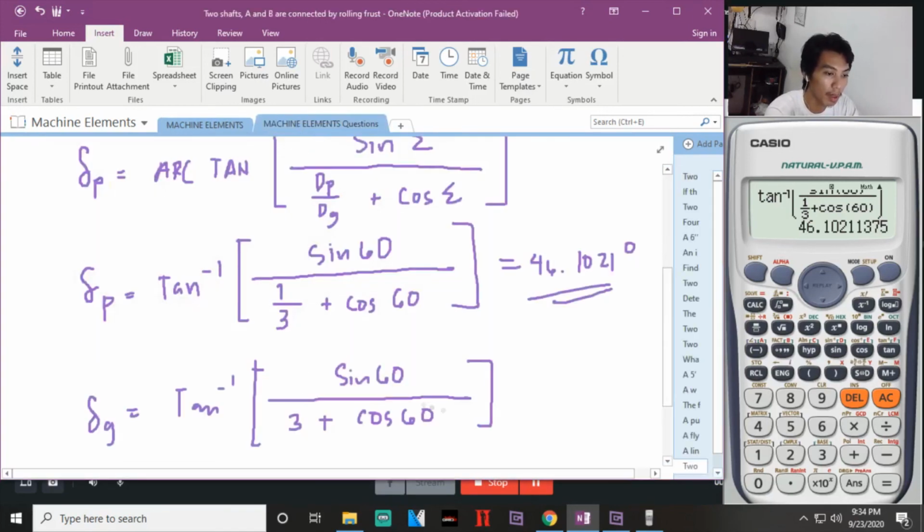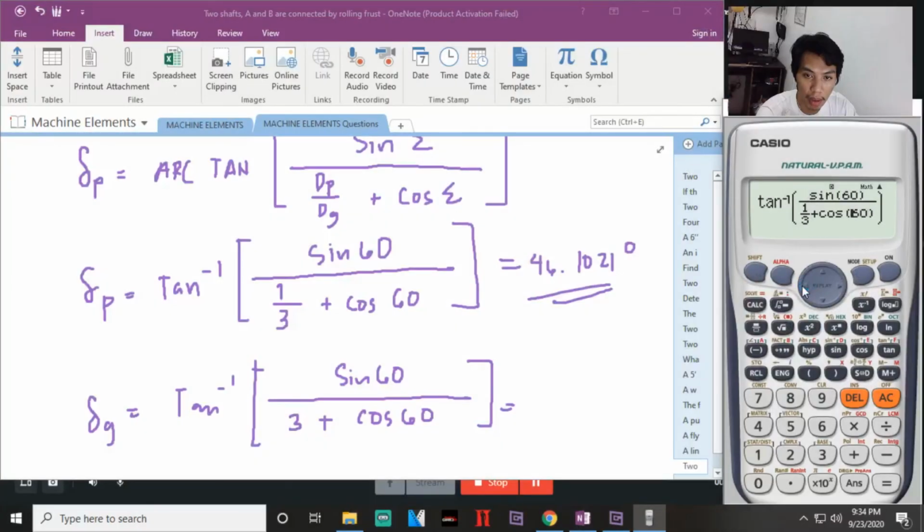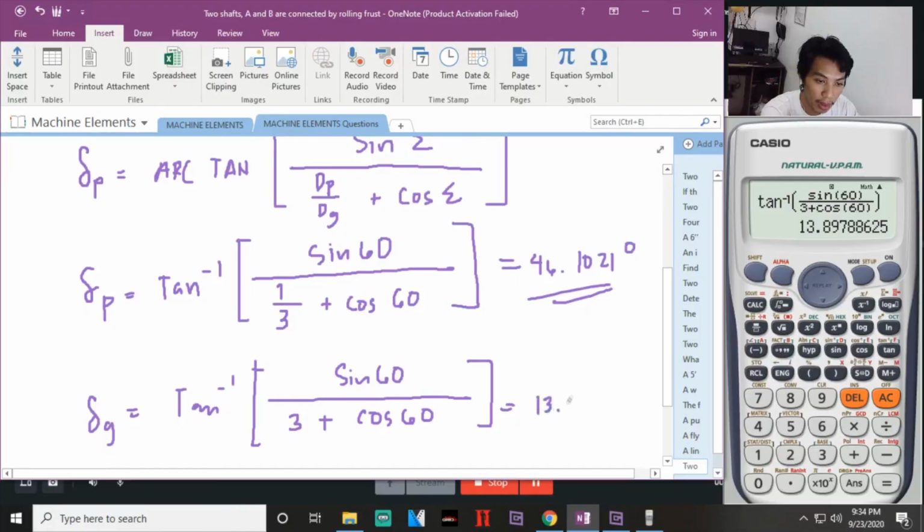Now, pindutin natin. This is 3. And the answer will be 13.8979 degrees. That is the cone angle for your gear, for the smaller cone.